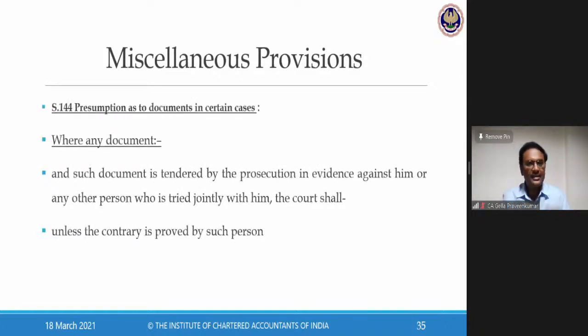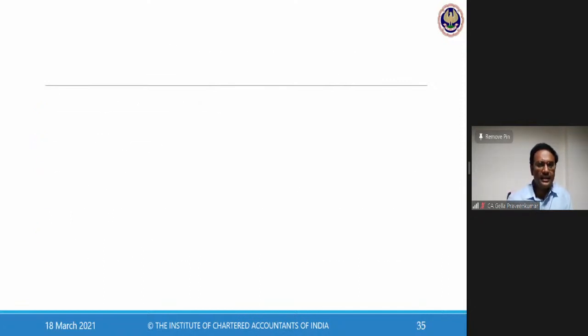Now, let me start with the miscellaneous provisions. The first provision is presumption as to documents in certain cases.